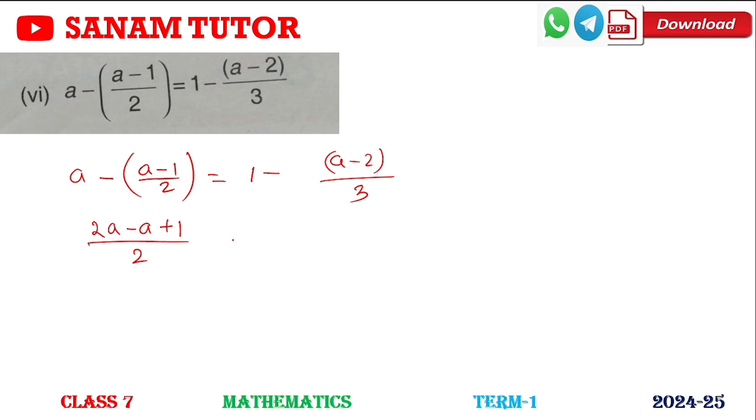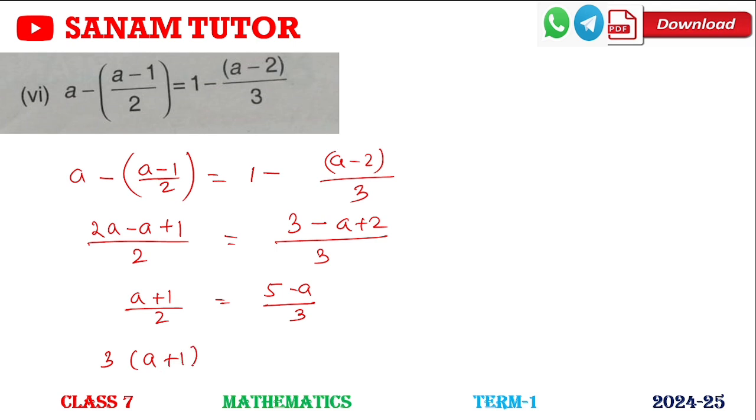So take LCM as 3. So 3 minus a plus 2. So 2a minus a plus 1 by 2. Then 3 plus 2, 5 minus a by 3. Now cross multiply. 3 into a plus 1, 2 into 5 minus a. So 3a plus 3 equal to 10 minus 2a.